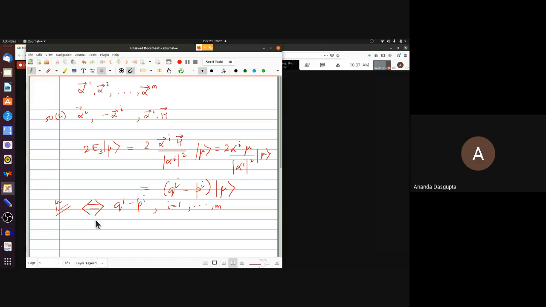Of course, a weight vector, remember, is a vector in m-dimensional vector space, so it has m components. How many numbers are the q_i minus p_i's? These are, of course, m numbers, because there is one for every simple root. So the number of components of mu and the number of these q_i minus p_i's match.